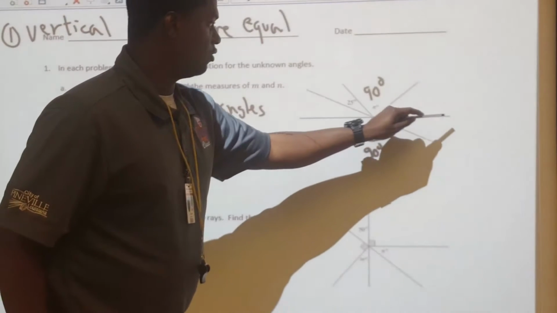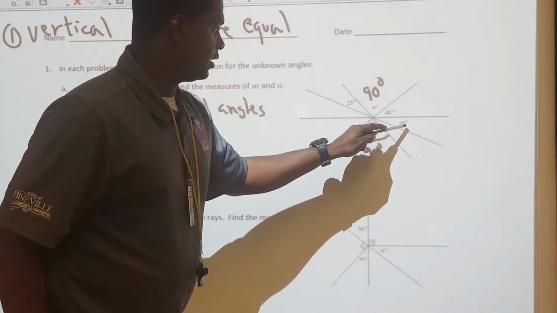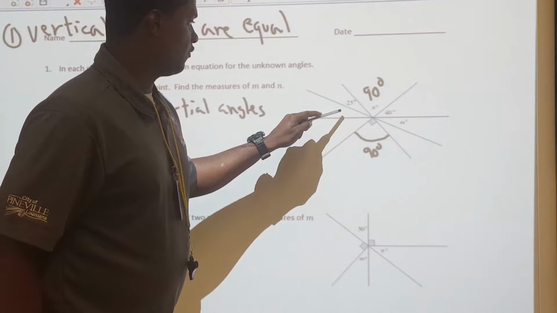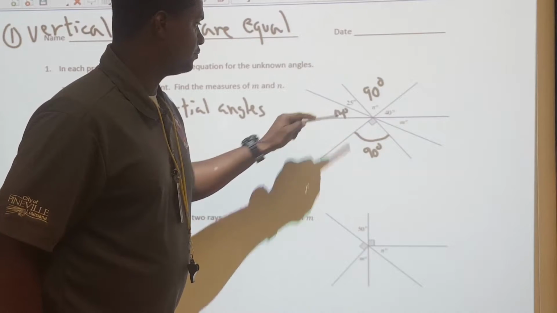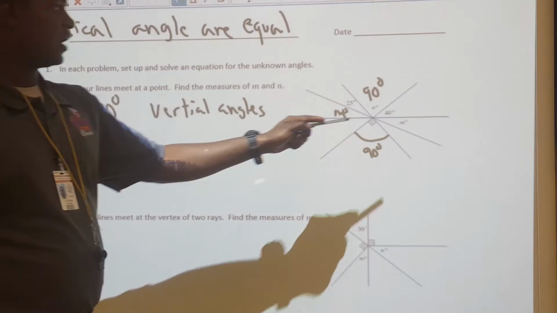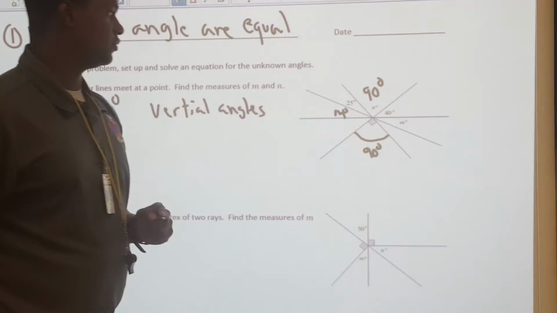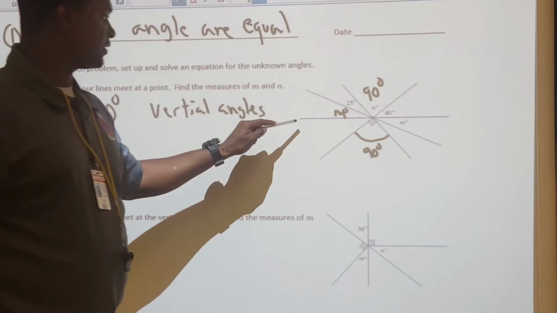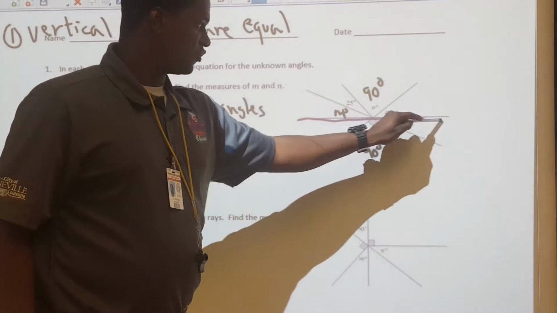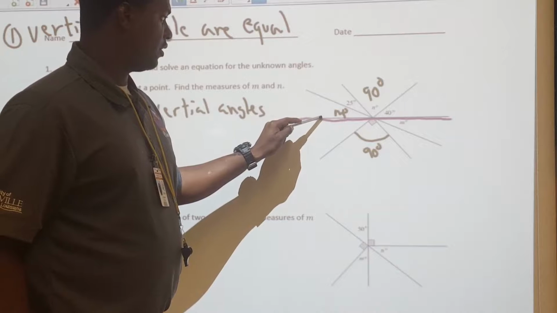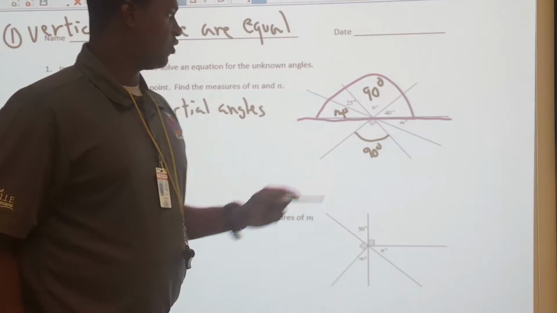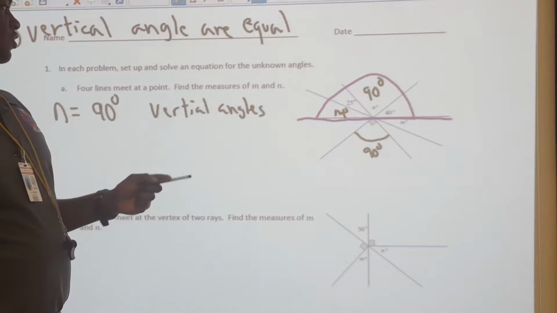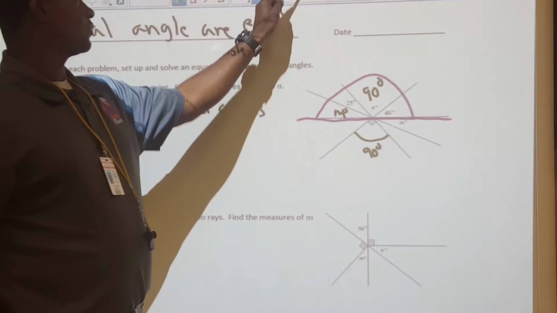Now, I know that this M is vertical to this M, because that's vertical angles. Now that I know that, I can set up a straight line where I have all the angles on this line, and I know they're equal to 180 degrees.